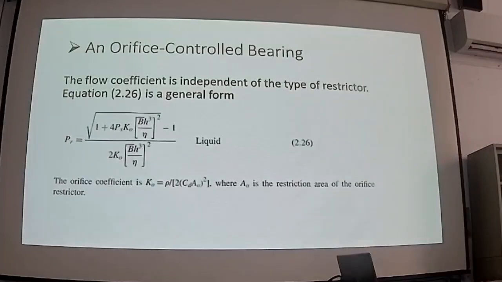Last week we also talked about the orifice restrictor: the discharge coefficient C_d will be different if you have a different design of the orifice. Usually this should be tested by experiment to get exact values for your design.